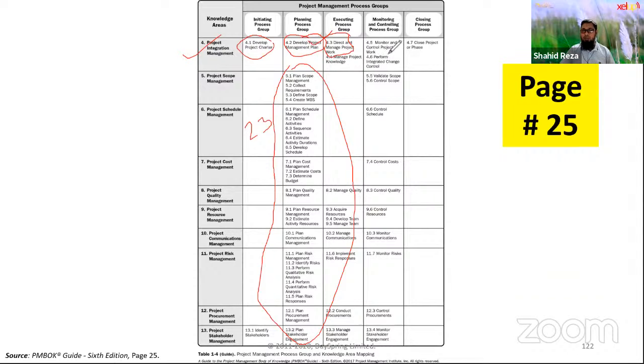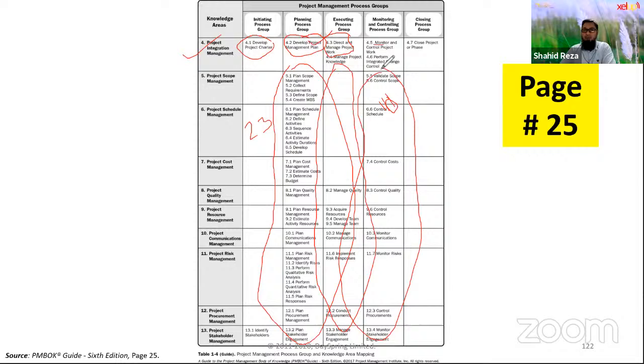Monitor and control project work means monitoring and controlling the whole project work, and also integrating with all the other 10, right, 11 processes. Direct and manage project work is directing and managing project work following the plan, also integrating all the other 9 processes.